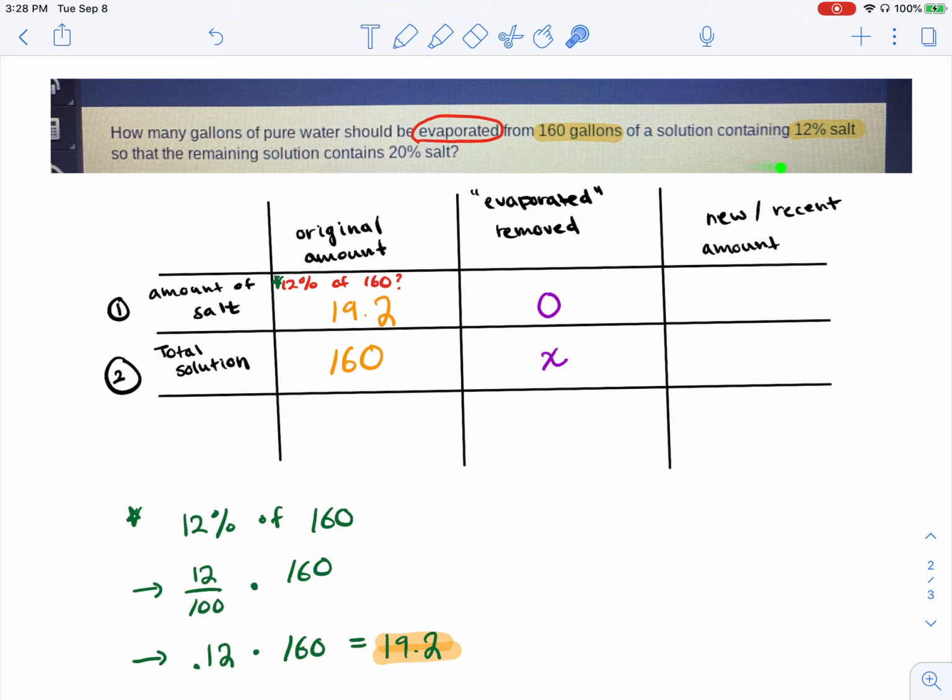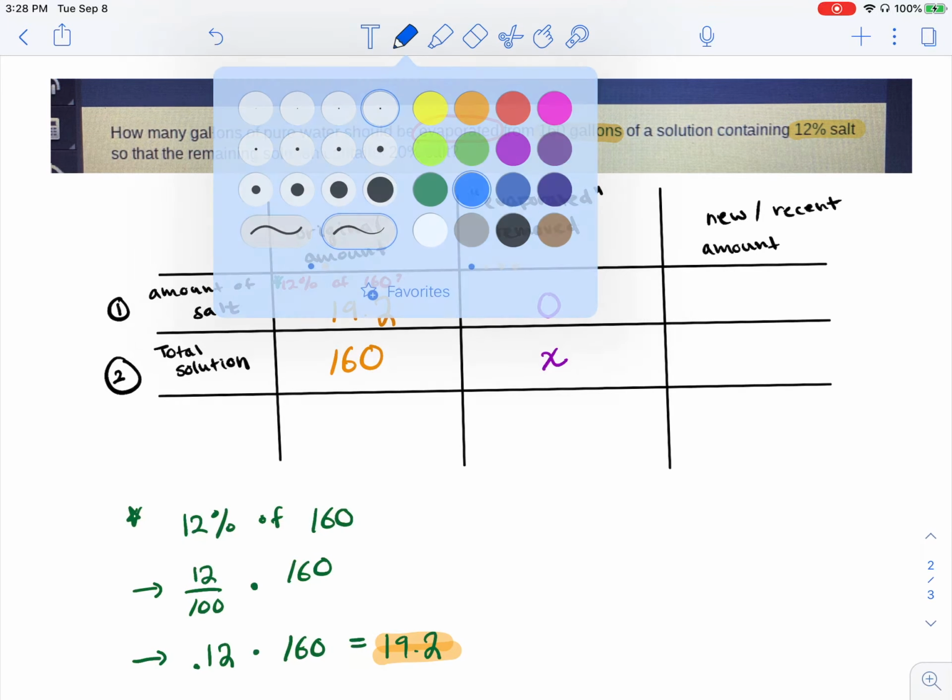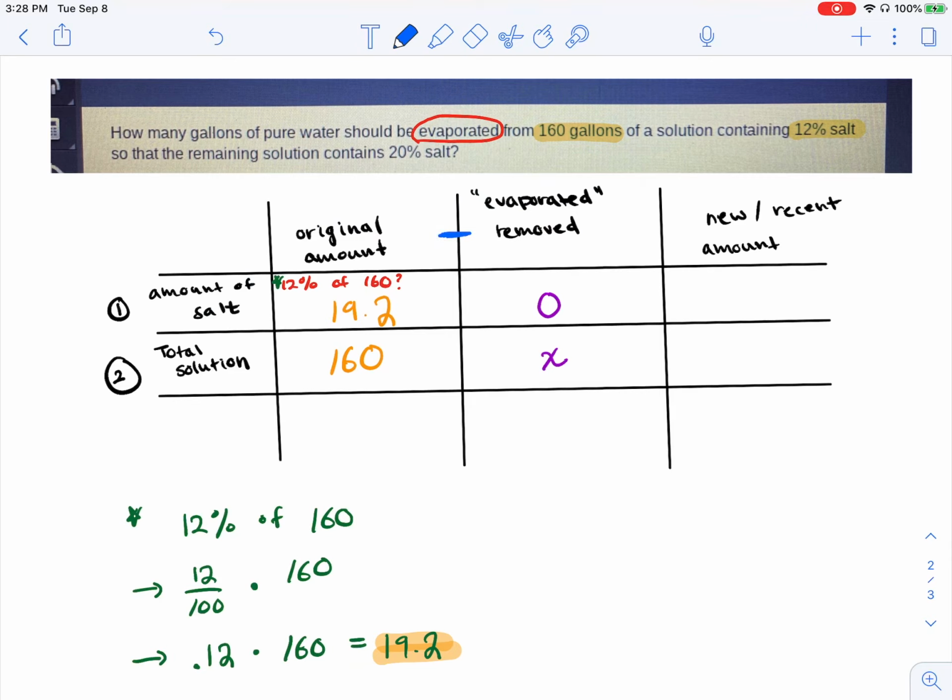So to get this new amount, we're going to take the original amount subtracted by the evaporated amount. So you'll see 19.2 minus 0 is just 19.2. And 160 minus x, we're just going to represent it as 160 minus x.